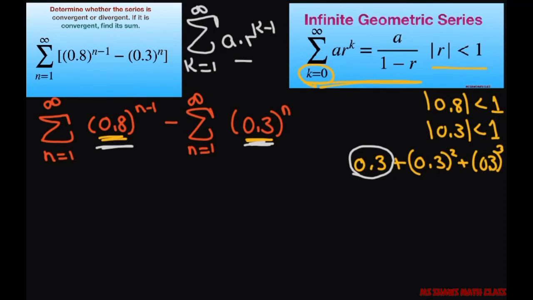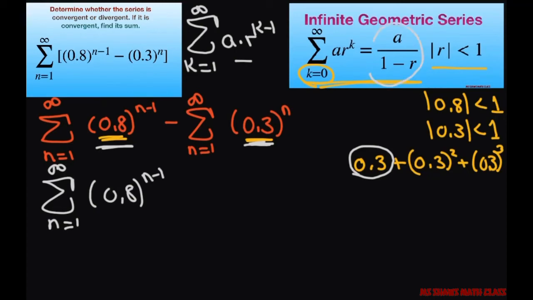So I can write this as the sum from n equals 1 to infinity of 0.8 to the n minus 1 power and still use this formula for this. But this second one, I'm going to rewrite as the sum from n equals 1 to infinity of 0.3 times 0.3 to the n minus 1.